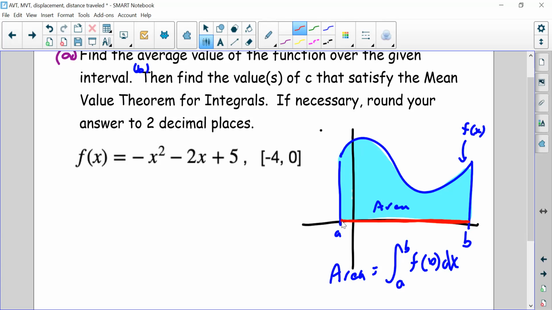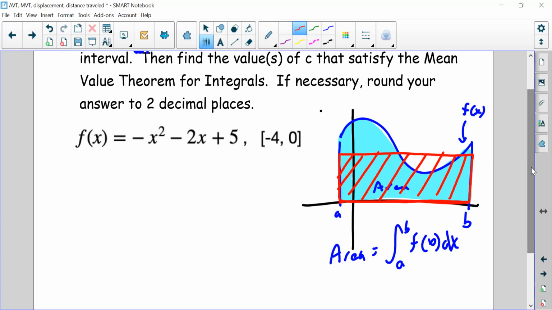We're trying to figure out where this rectangle would be, and assume my drawing is good, such that the area of the rectangle equals the area under the curve. That's what the mean value theorem of integrals finds.